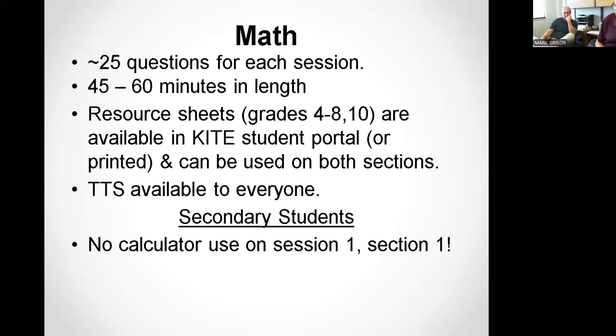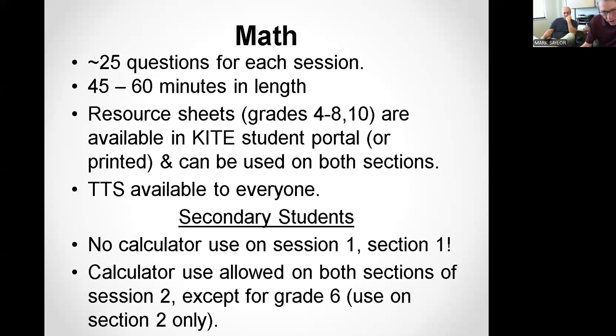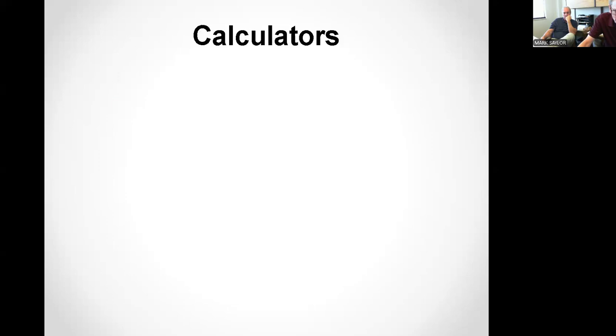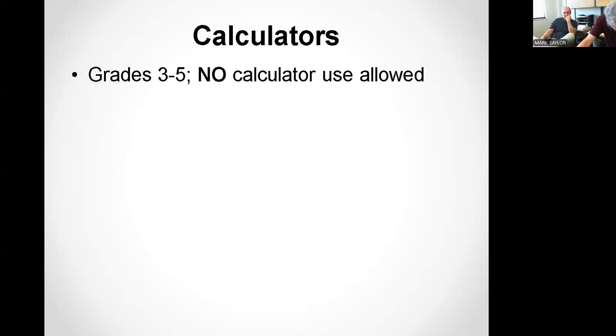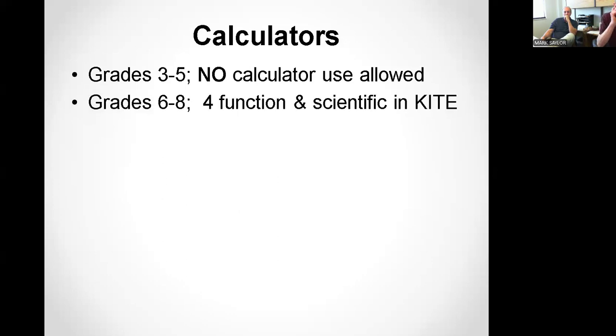Secondary students, there's no calculator use on section 1. Calculator use is allowed in both sections of session 2, except for grade 6, which you can use the calculator only on section 2. For grades 3 through 5, there's no calculator use allowed, period.